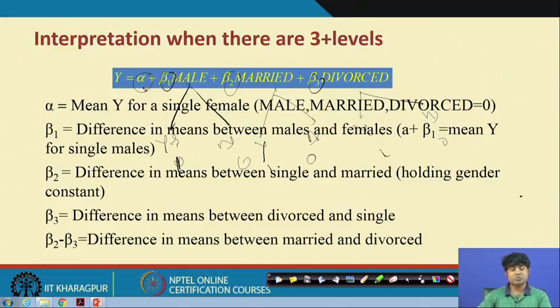Similarly, male divorce, female divorce, and married but divorce again, there is a chance married but not divorce. So, likewise there are lots of interactive effects you can find. When there are multiple dummies and multiple options, you will by default get lots of interactive effects, for instance having male, married and divorce.